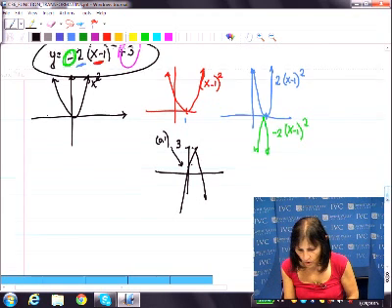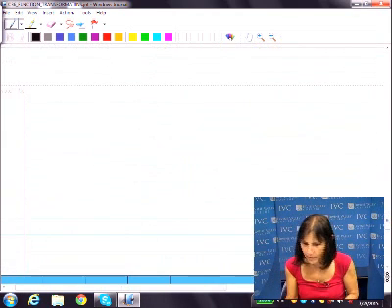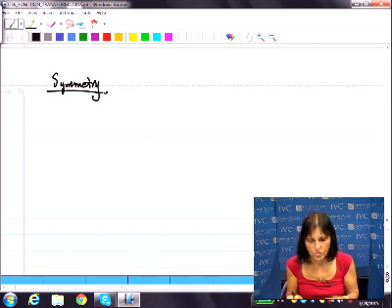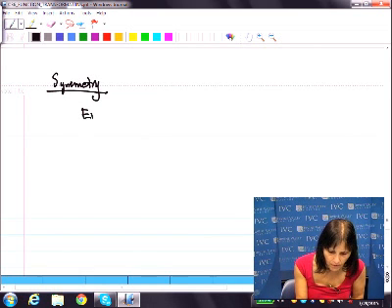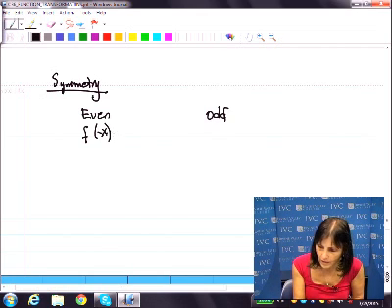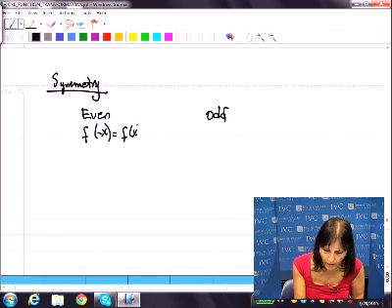Okay. So let's also define something else. Let's define symmetry. Now, let's also introduce the concept of an even function versus an odd function. An even function does this. When given f of x, when you take the f of negative x, you'll still get f of x.